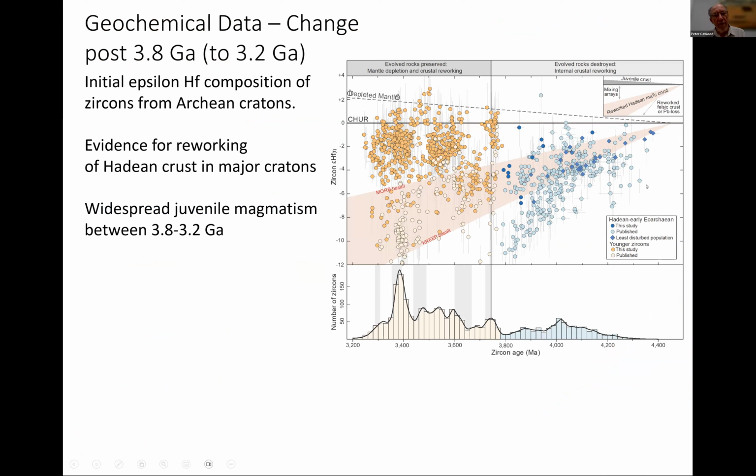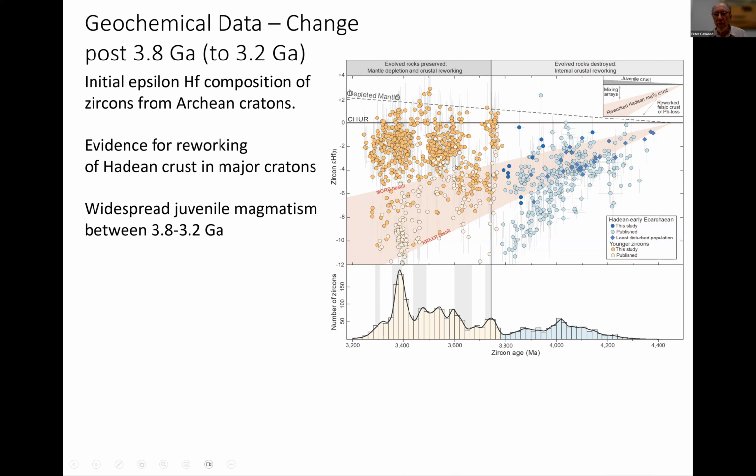The Yilgarn, this is a compilation of data from the Yilgarn craton, has been particularly useful in that regard because we have the Jack Hills and the Narryer terranes, which have zircons going back to about 4.4 billion years ago. And of course, we have the younger Yilgarn, and we have zircons going through the Archean itself.